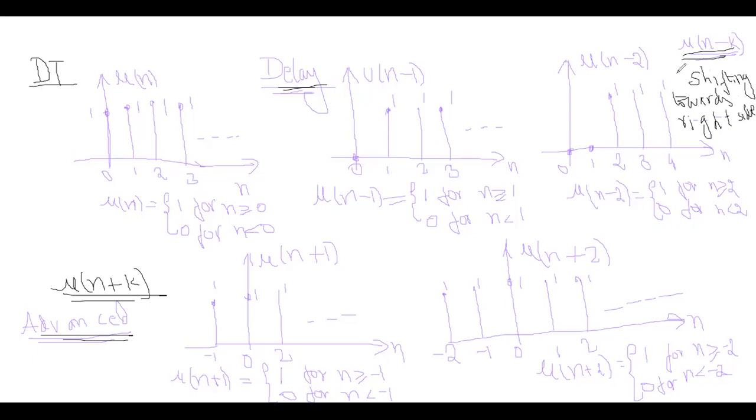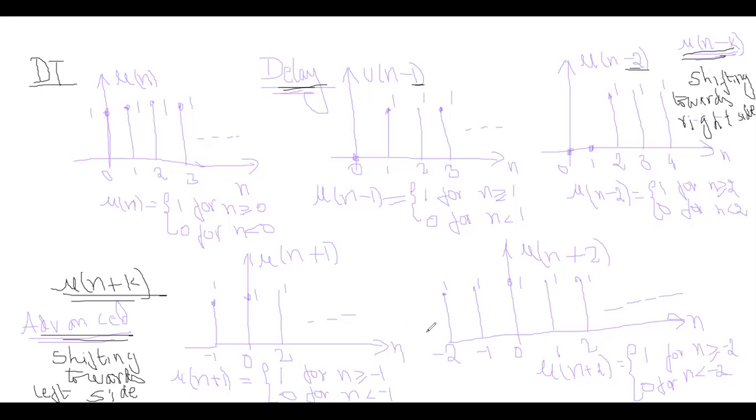Following, my dear students. Shifting towards the right side with a given number of samples. One sample here, two samples. Mu of n plus k means shifting towards the left side with one sample, two samples.